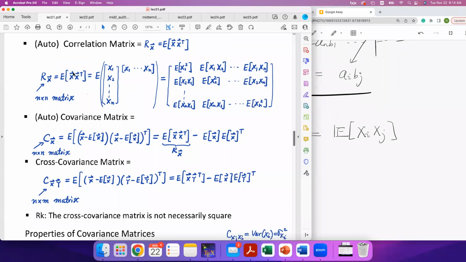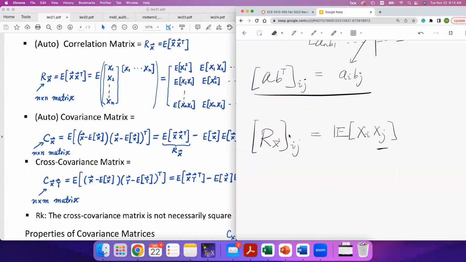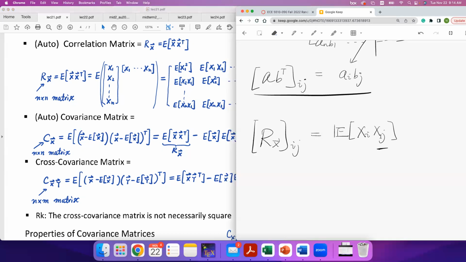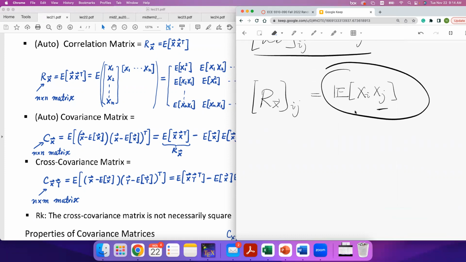Where xi is the ith element of this random vector, the ith row, and xj comes from the jth element of this row vector. X transpose is a row vector. So it's ith row, jth column. So we get the correlation between xi and xj. So it's a collection of all pairwise correlations between xi and xj in these coordinates.